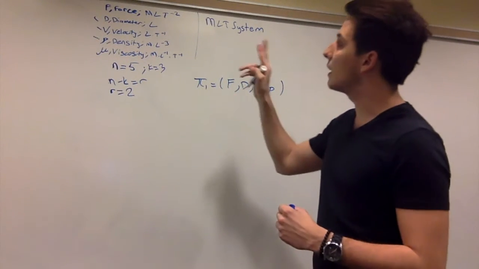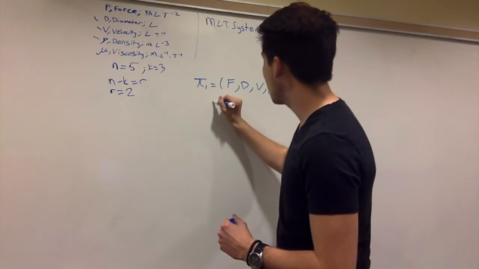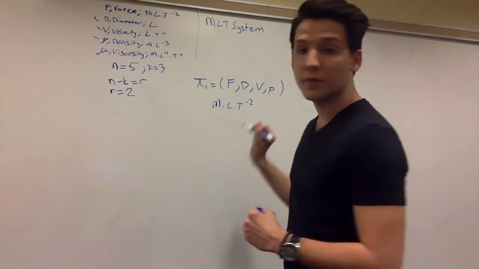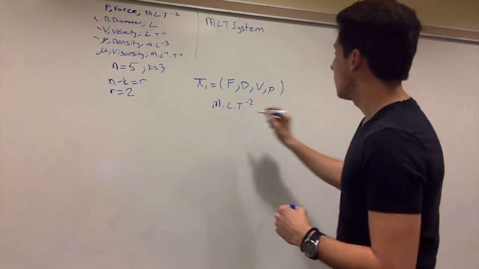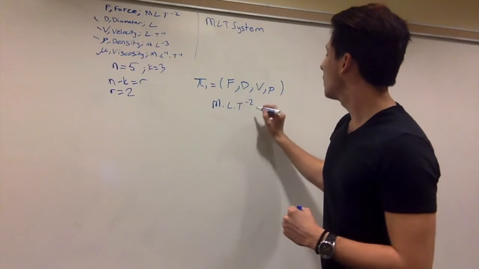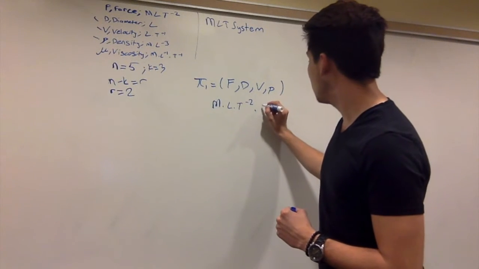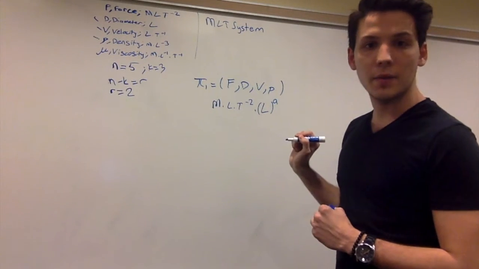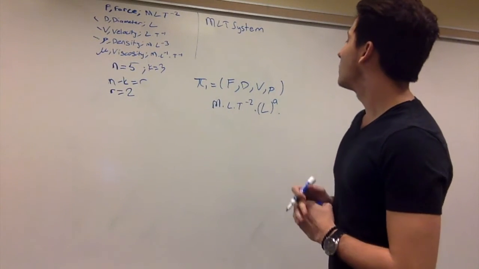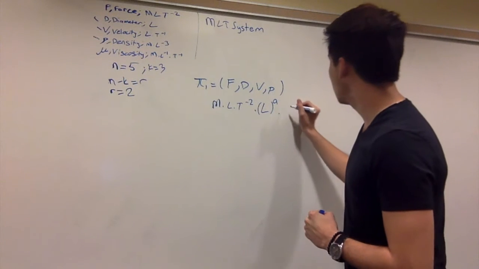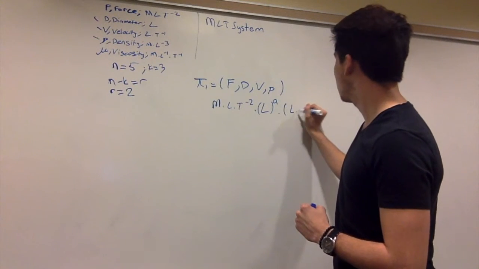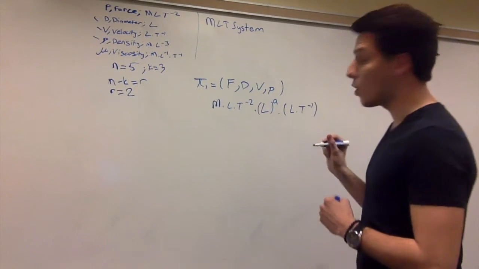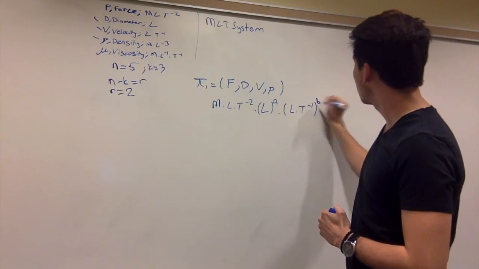So what is F in the MLT system? It's M L T to the power of -2. And what is D? D is just length to the power of a. What is V, velocity? It's L T to the power of -1, all to the power of b.